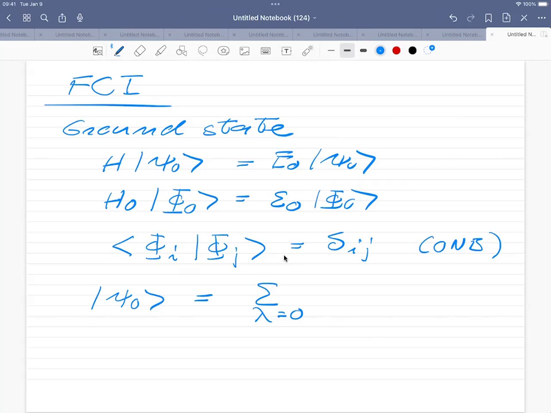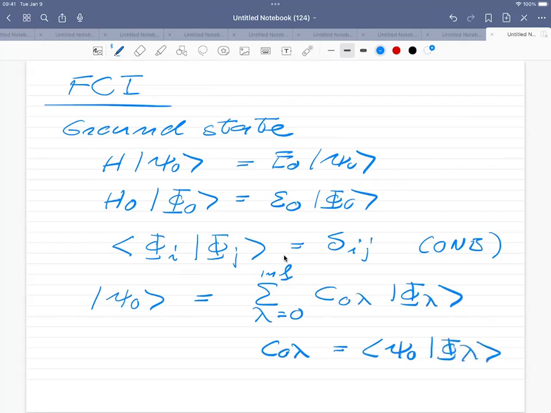But in principle, this goes to infinity. So let's just put infinity here, although we cannot handle infinities. And we have the overlaps between this basis of Slater determinants, like that. And this quantity C0 lambda, they are just the overlaps, psi 0, with this basis which we start with, which is our computational basis.